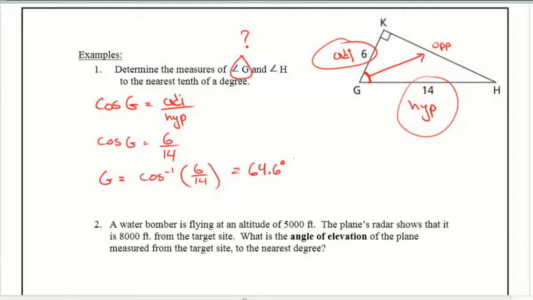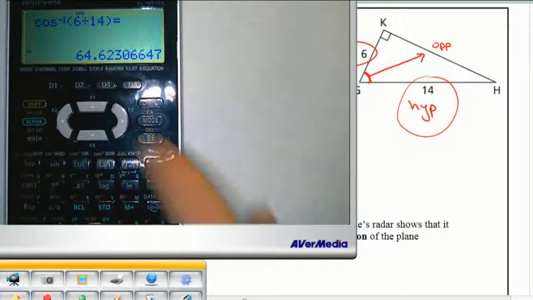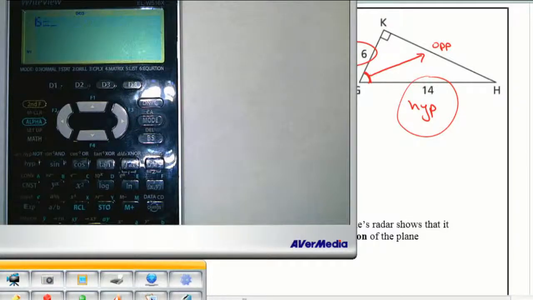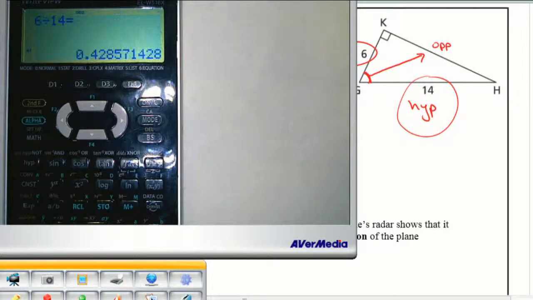On your calculator, you might have to do it in a couple of steps. So you might have to go 6 divided by 14 equals, that's decimal 0.428. Then you might have to go second cosine, and if you have an answer button, you can put it in as answer, or you can just rewrite the decimal in there and hit equals again, and you get 64.6 degrees.